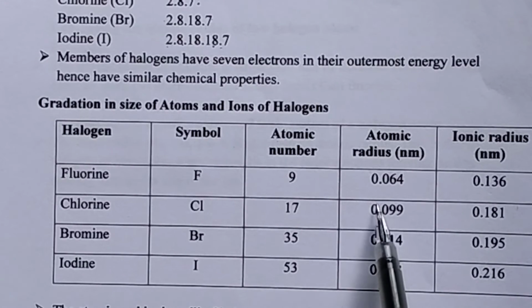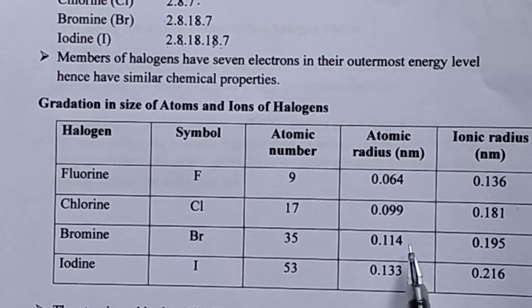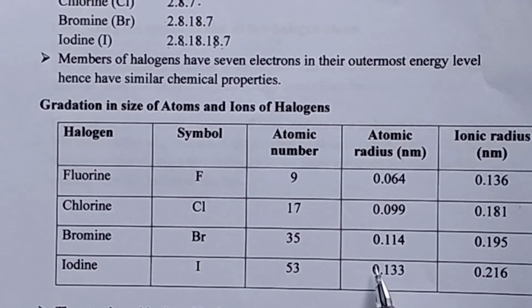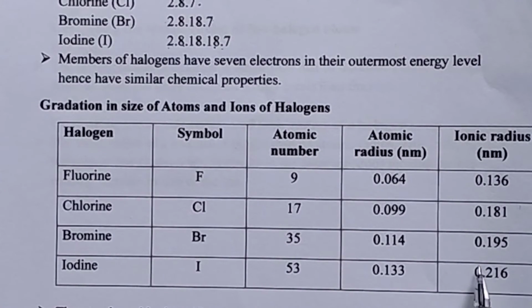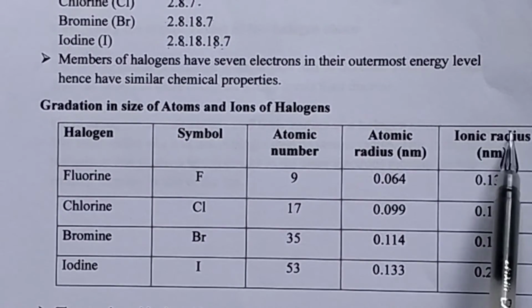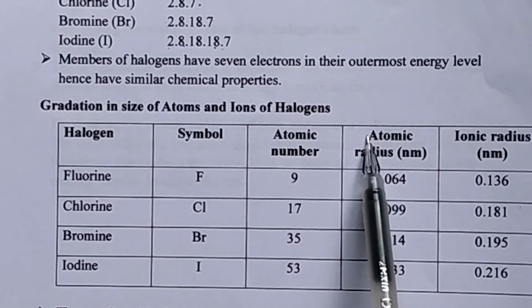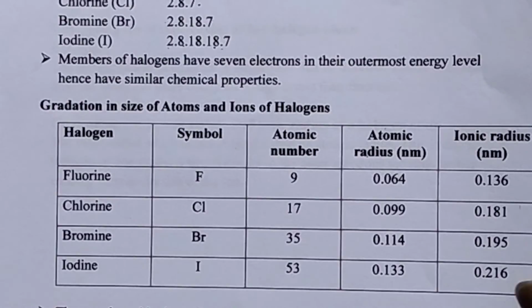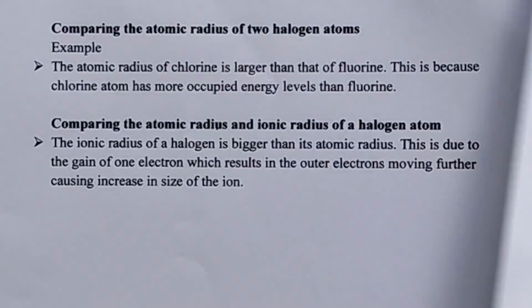For bromine it is the same, 0.114 and 0.195, and 0.195 is larger. For iodine, 0.133 and 0.216, and 0.216 is larger than 0.133. So what does this show? That for halogens, the ionic radius is always bigger than the atomic radius, or the atomic radius is smaller than the ionic radius.